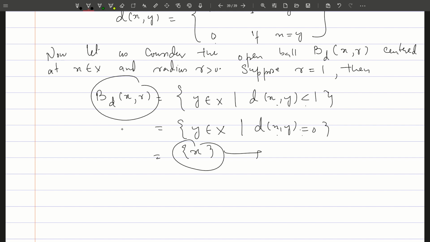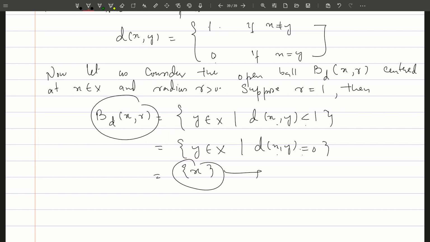So if r is less than 1, then each singleton is an open set. That means the topology in this case will be the discrete topology.